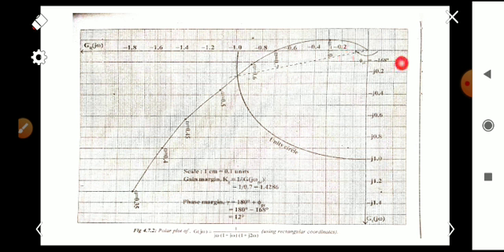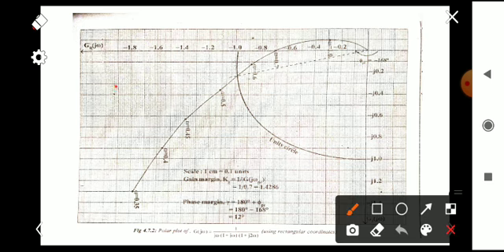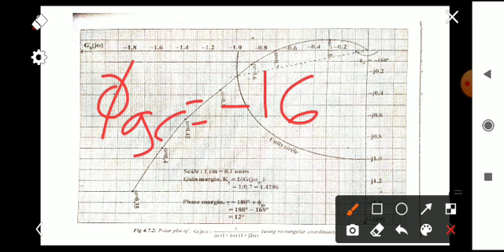We know that if we measure the angle in the clockwise direction, it will be a negative value. So we get the phase angle value as minus 168. This angle will be the phi gc.